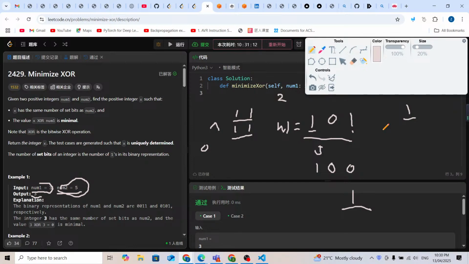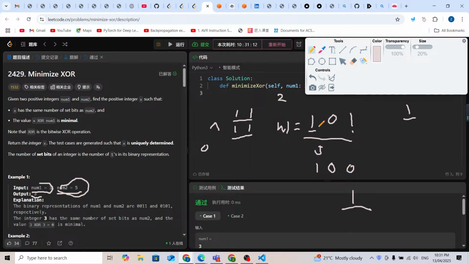So this means if the number of set bits of nums2 is less than the number of set bits of nums1, we're going to check from the right to the left side. We're going to keep this 1 0 0.